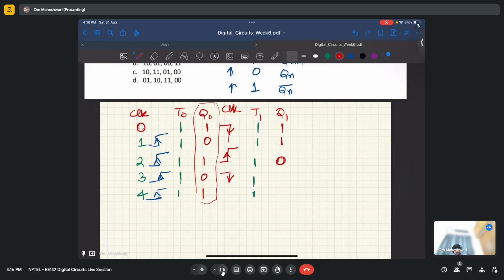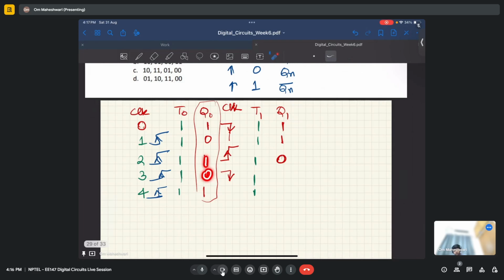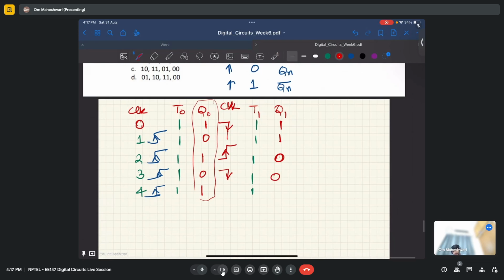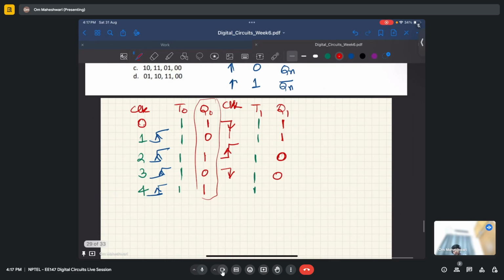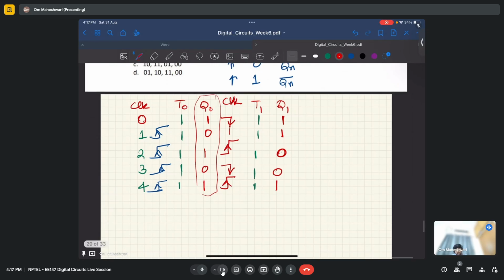Again a negative edge, going from 1 to 0, so it will remain as 0. Here it is going again from 0 to 1, so it will trigger. So your next states are: you started with 1 1, next is 0 1, then 1 0, 0 0, then again 1 1.